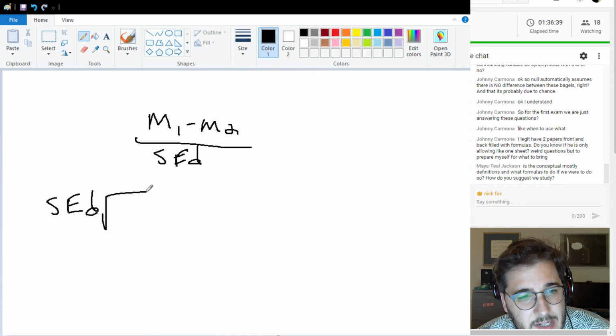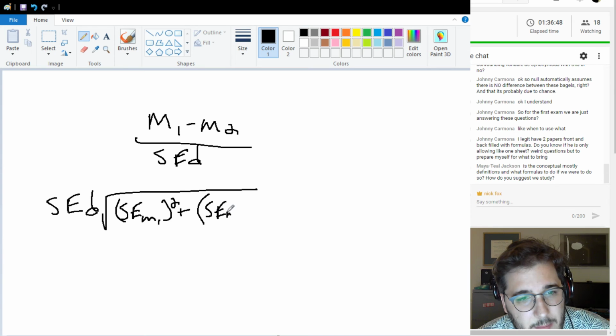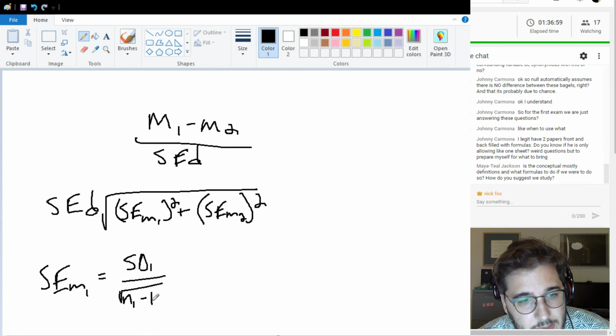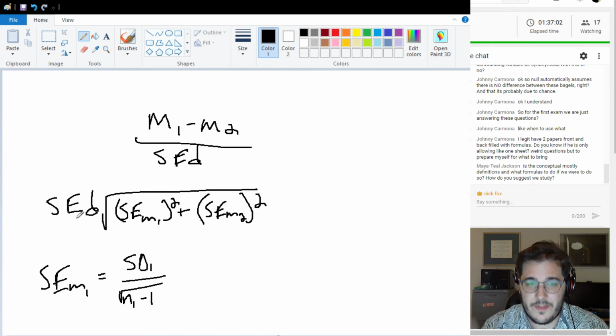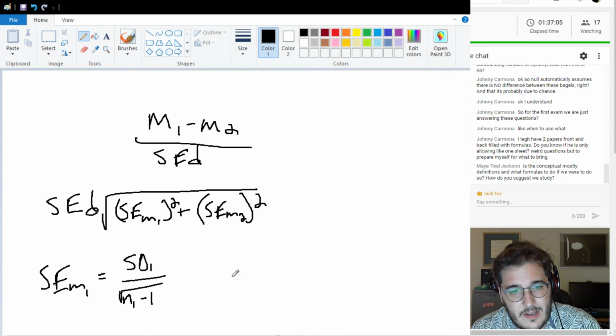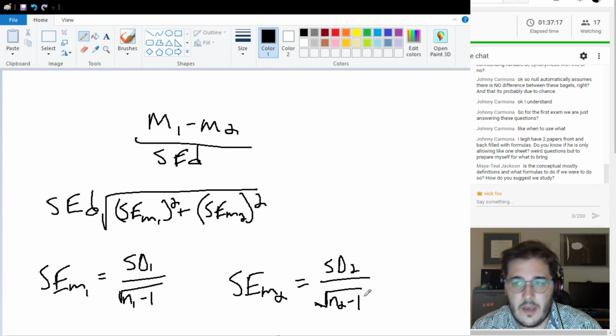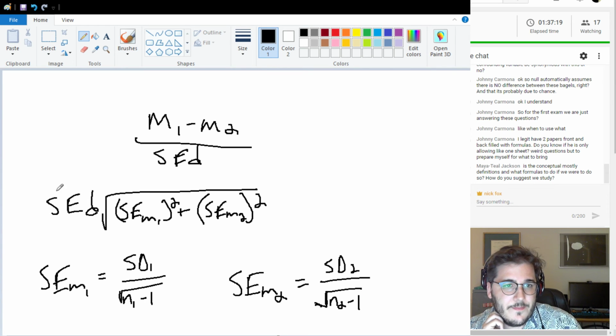SED is the square root of SEM1 squared plus SEM2 squared, and SEM1, for example, is SD1 divided by the square root of n1 minus 1. Just to be complete, SEM2 equals the standard deviation of group 2 divided by the square root of n2 minus 1. Right, so now we have all the components. So this is t.